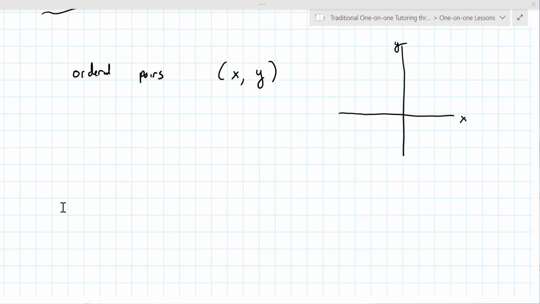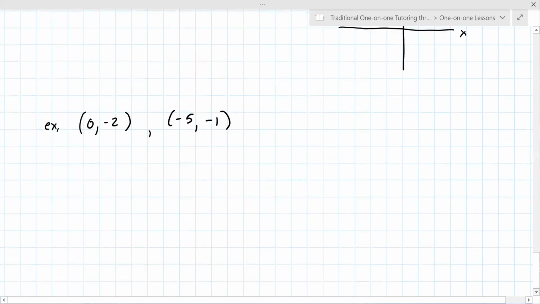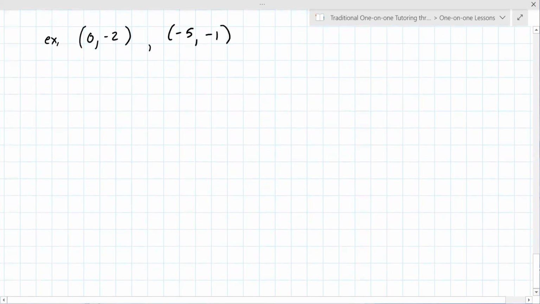So an example problem would look something like this. They would give you 0, negative 2, negative 5, negative 1. And it would ask you to find the distance between them. So the first point is called X sub 1.